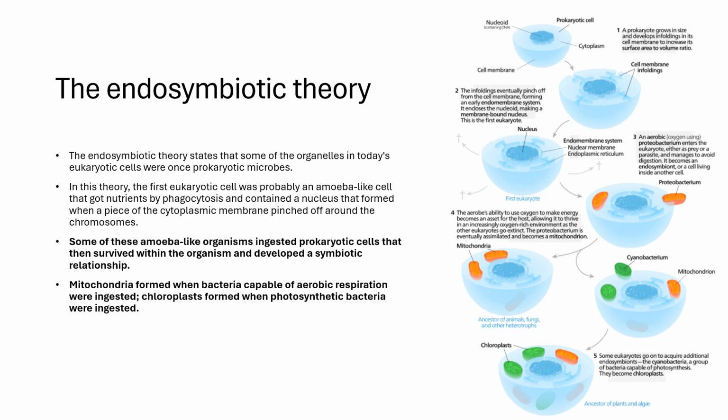Mitochondria formed when bacteria capable of aerobic respiration were ingested, and chloroplasts formed when photosynthetic bacteria were ingested. One more interesting thing is that the mitochondria and the chloroplasts are examples of such organelles.